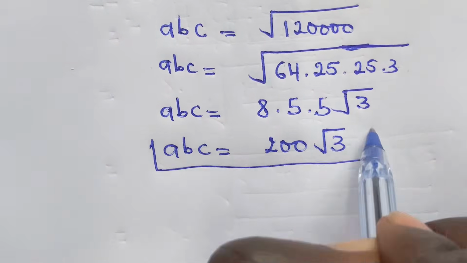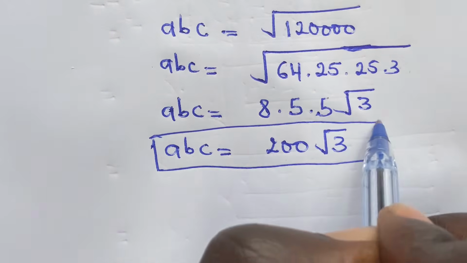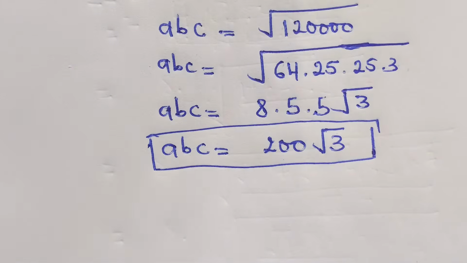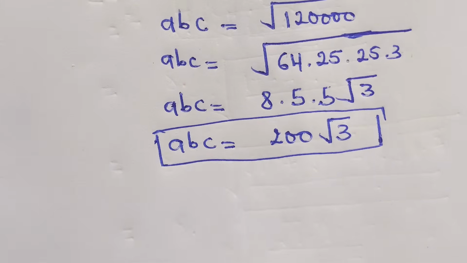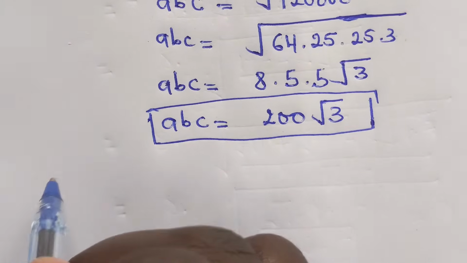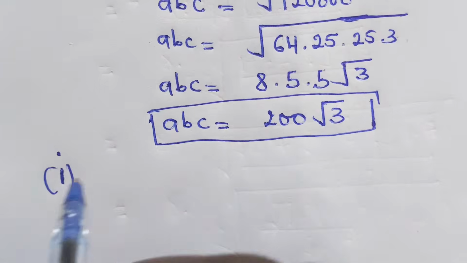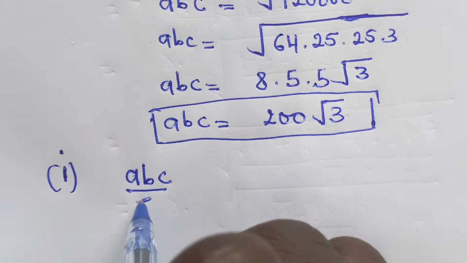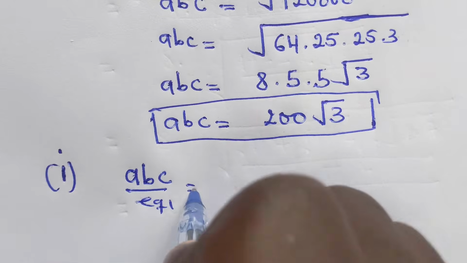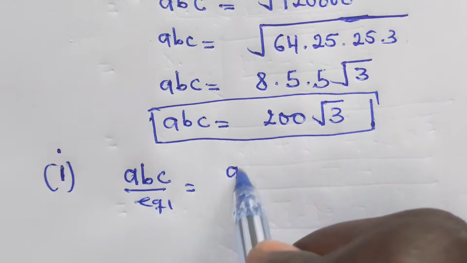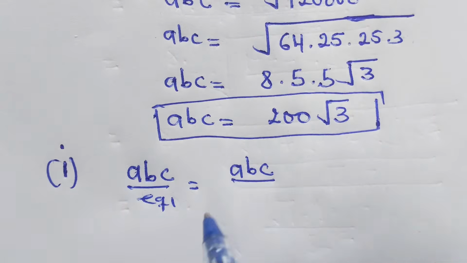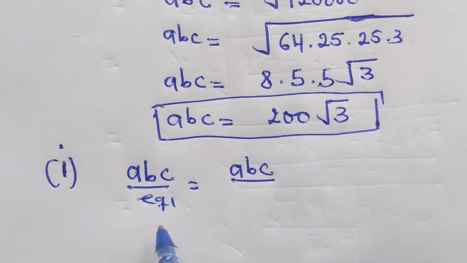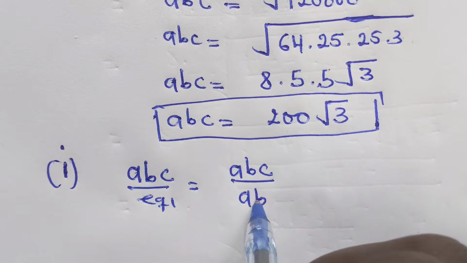Now, what we are going to do, for the first one, if we take ABC divided by equation 1, what shall we get? We have ABC over equation 1, which is AB.